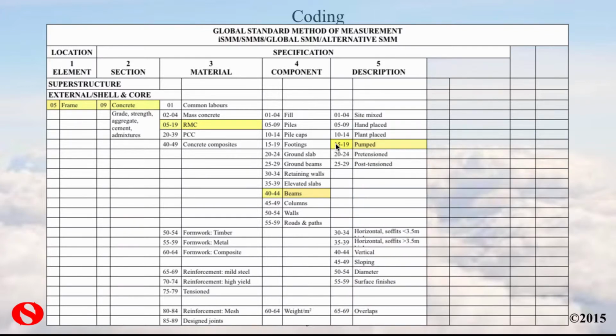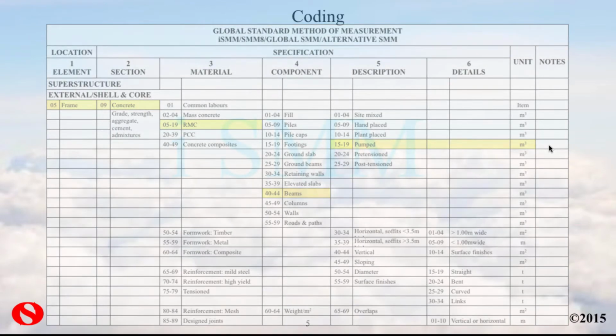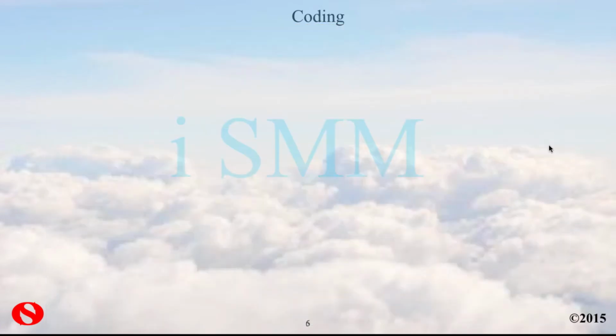In this case we're talking about the pumping. And for section 6, it's more elaborate details if they're available, and there are none available at this stage, so the code for this is 00. And finally we've got the unit that we're measuring in, which is meters cubed. So that's our standard method for the coding.